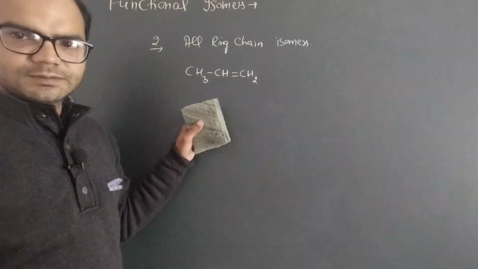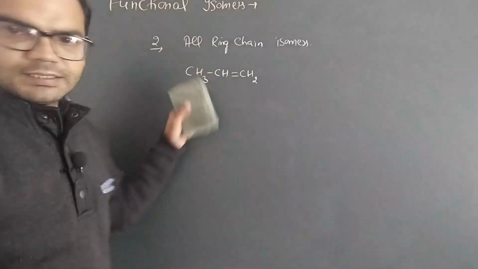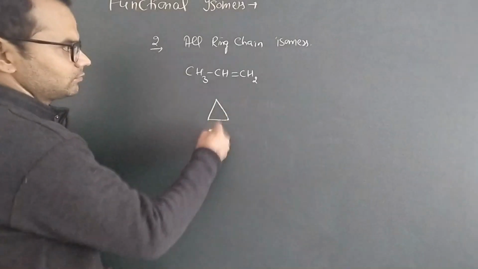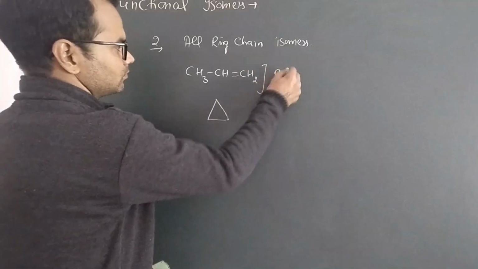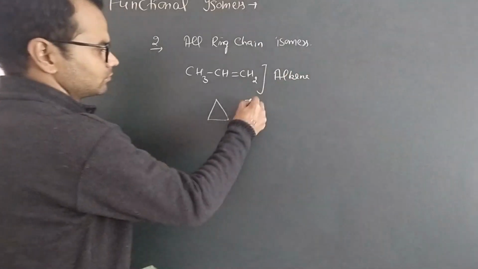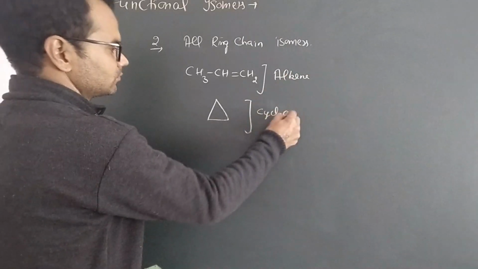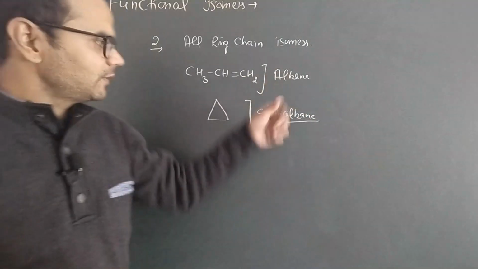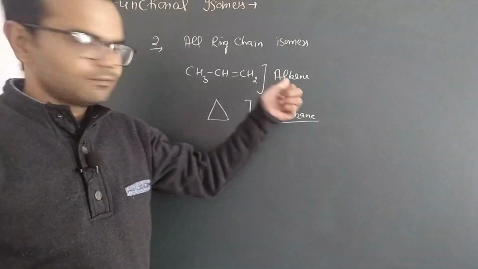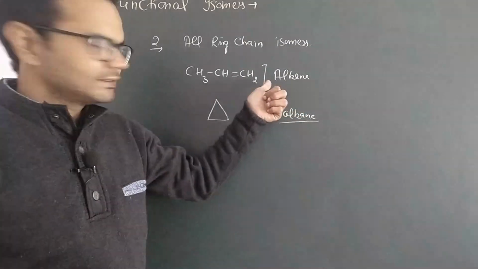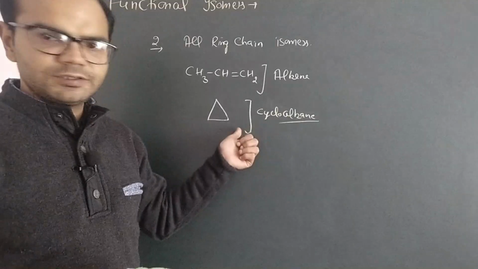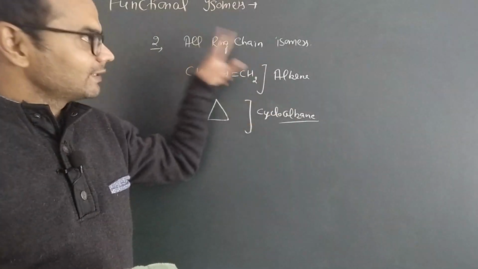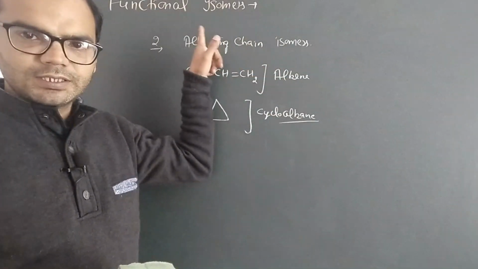This propene can be represented in the form of a ring, that is cyclopropane. So this is an alkene, but this is a cycloalkane. This compound will show the characteristic properties of an alkene, but this will show the characteristic properties of an alkane. So all ring chain isomers are functional isomers.